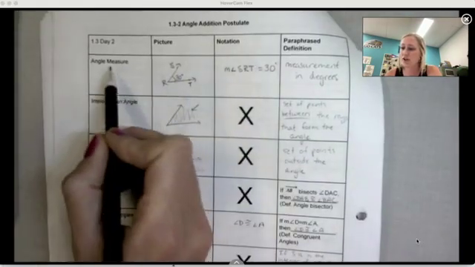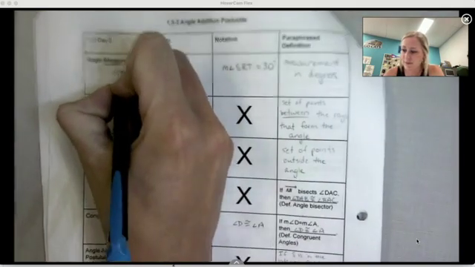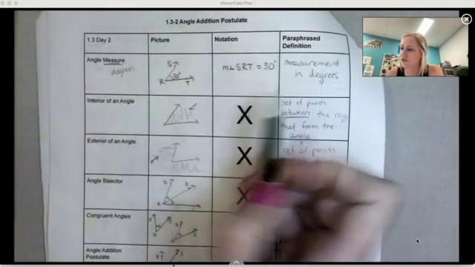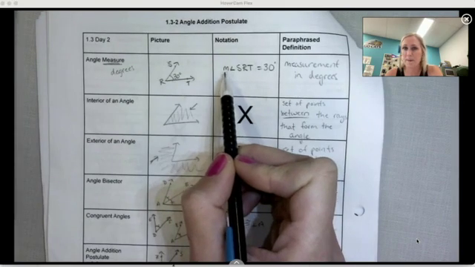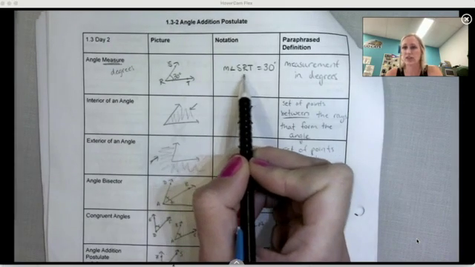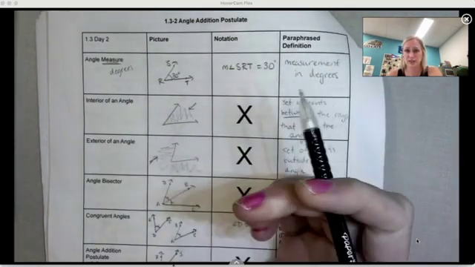So measure means they want to know the degrees. Okay? So this little m stands for measure. So this says the measure of angle SRT equals 30 degrees. So it is the measurement in degrees.